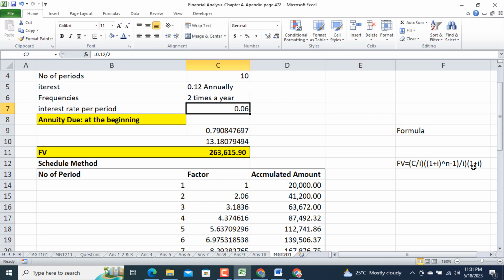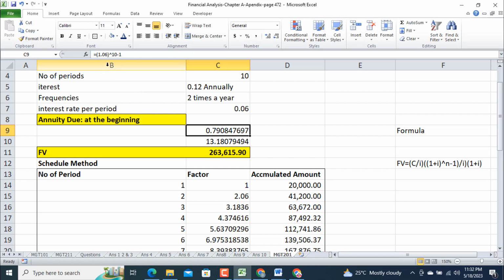This factor is not available in the ordinary annuity, because in the case of Annuity Due we have one extra period which we don't have in the case of ordinary annuity, where equal payments are made at the end of the period. I have split this formula into 2 parts. First, I use all of this formula except C, the cash outflow. We will get this figure.